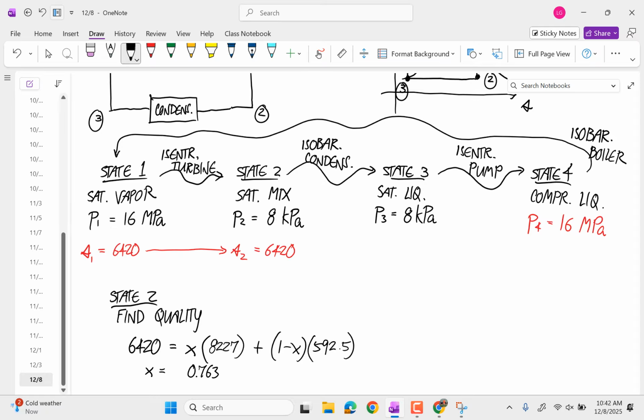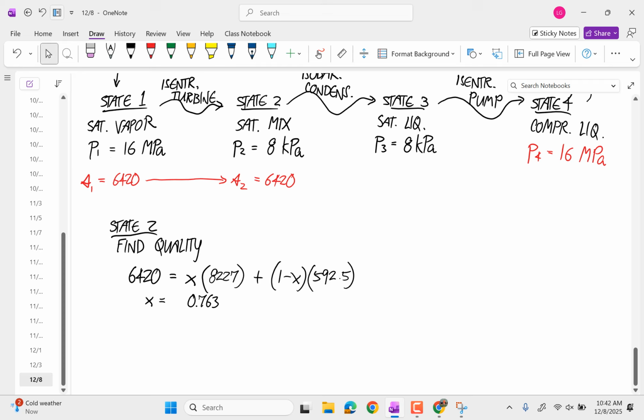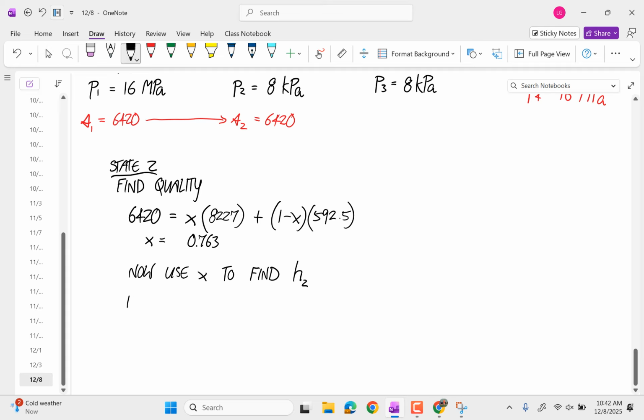And now we're going to use that to find the specific enthalpy at state 2. So the specific enthalpy is equal to 0.763 times what the specific enthalpy would be for a saturated vapor.